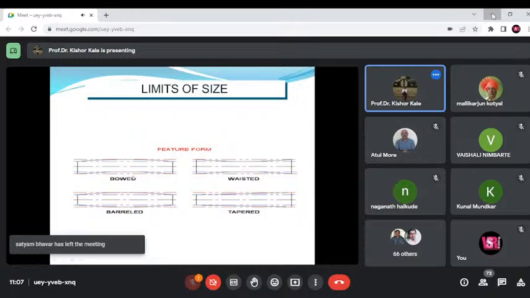The datum feature symbol: a datum is the surface from where we are measuring, and it is given by this particular symbol. The feature control frame: all these features are given by this particular frame. This is called the feature control frame.